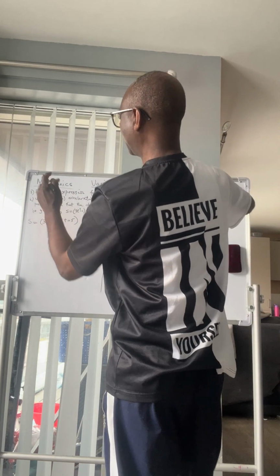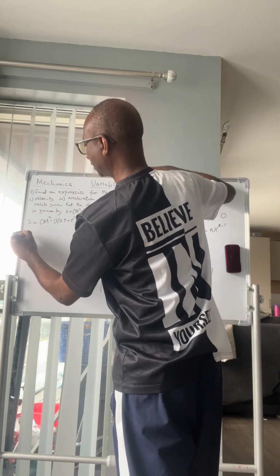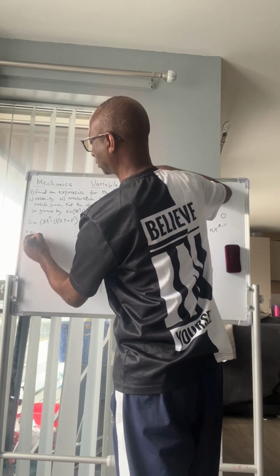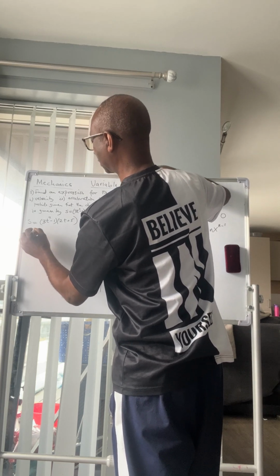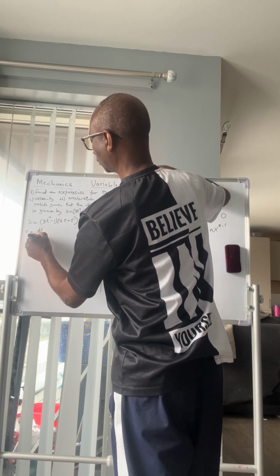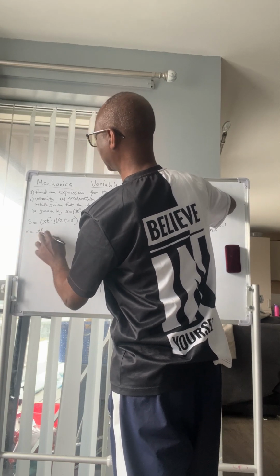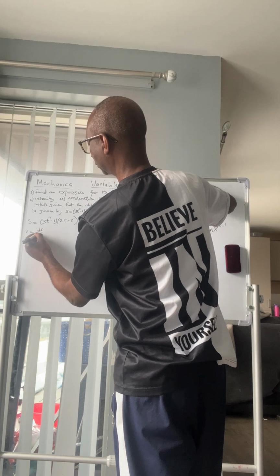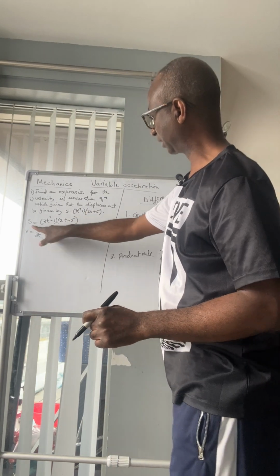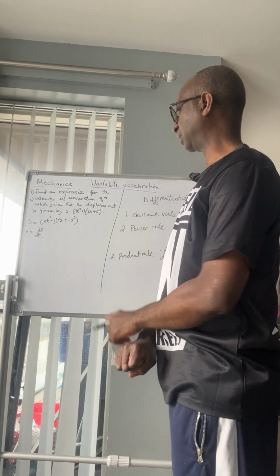You want to find, one, the velocity, which is equal to the derivative of the displacement, ds/dt. When you differentiate this function, you get the velocity. Differentiating this displacement gives you the velocity.